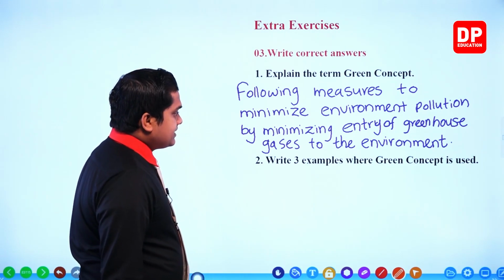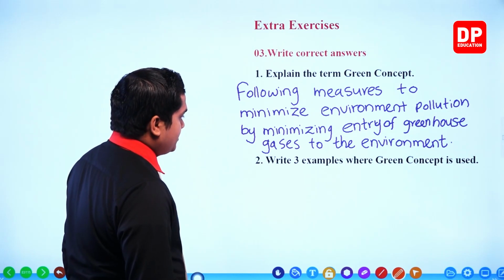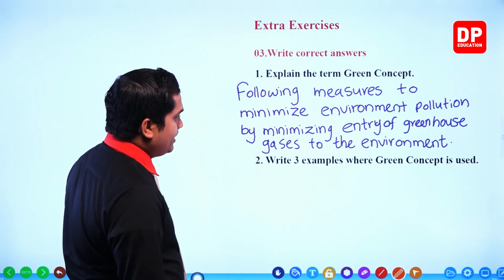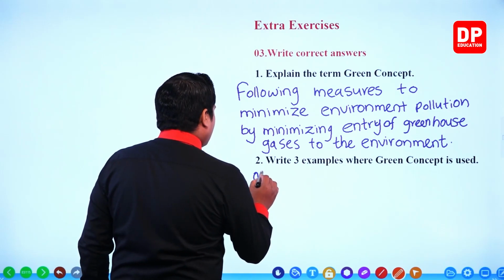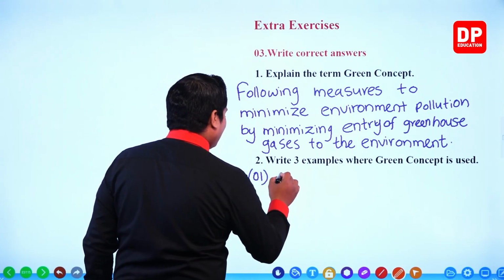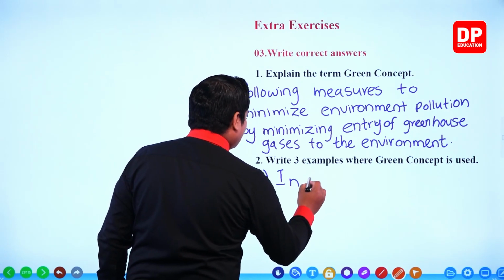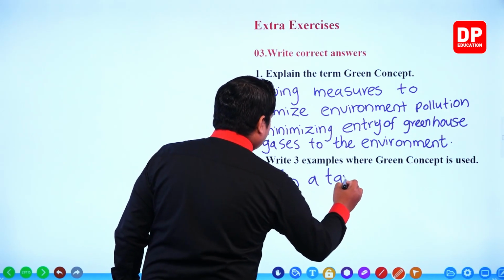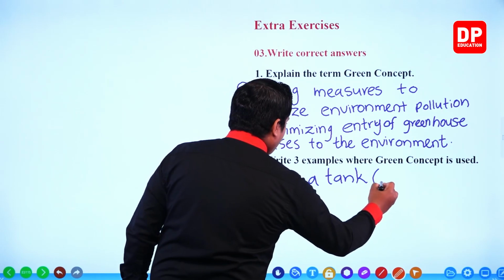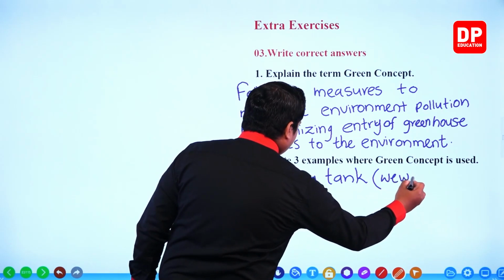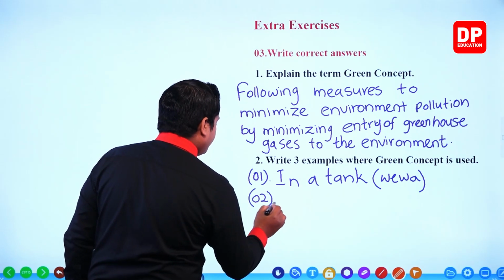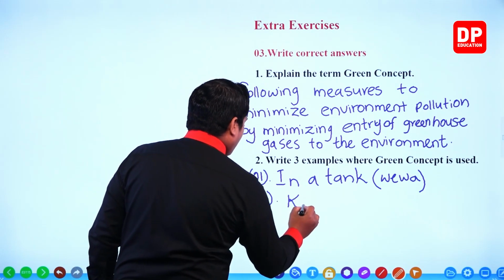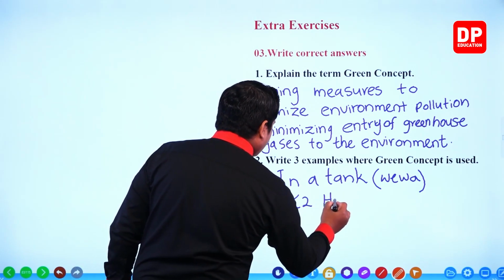Right, write 3 examples where green concept is used. In Sri Lanka, we can observe green concept, my dear children, in a tank well. Then number 2, K2 housing project.